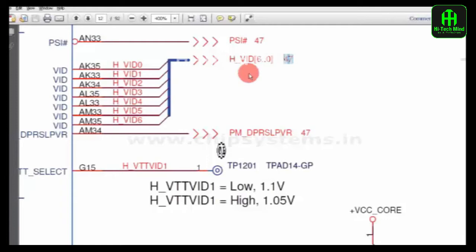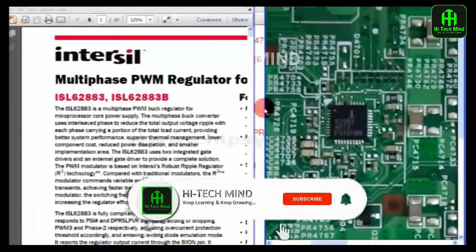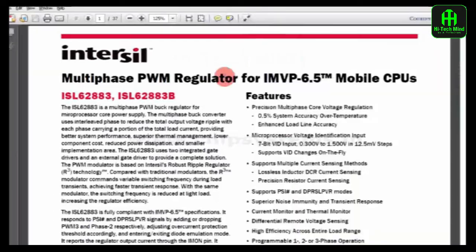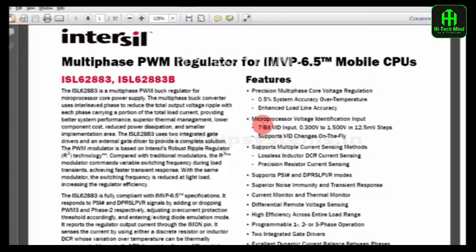This is the processor core power supply IC. This is the Intersil IC datasheet for the multi-phase PWM regulator. Let me explain the same. Look here, microprocessor voltage identification input, 7-bit VID input. This IC generates 0.3 volt to 1.5 volt.